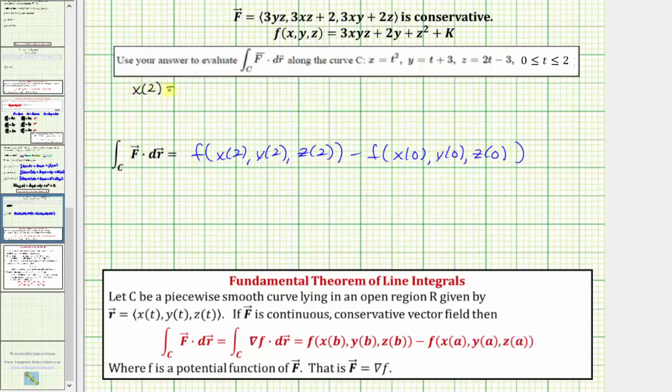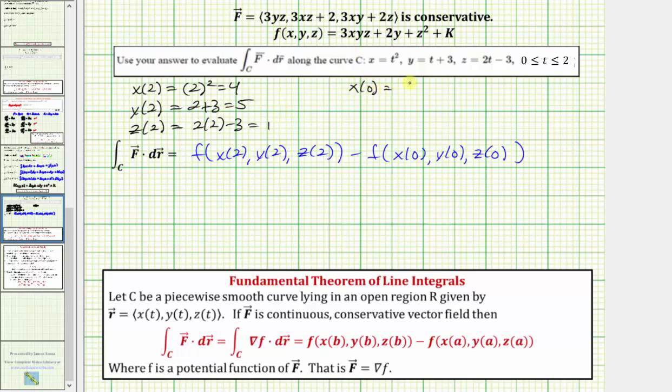So x of 2 is equal to 2 squared, which equals 4. y of 2 is equal to 2 plus 3, which equals 5. And z of 2 is equal to 2 times 2 minus 3, which equals 1.